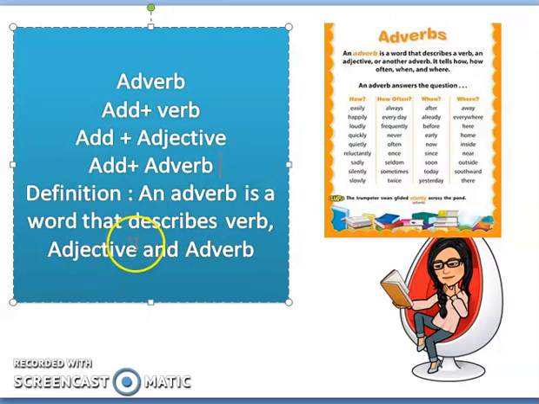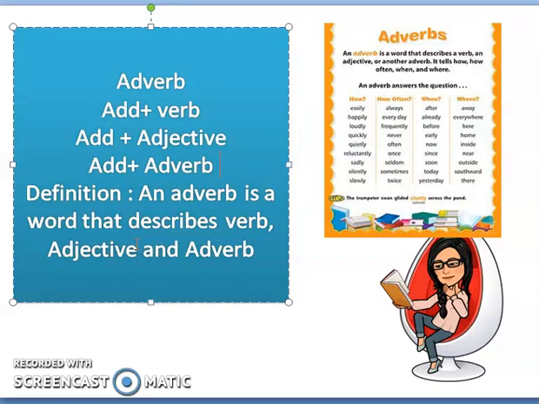Adjective. Adjective is like beautiful is adjective. We can say she is very beautiful. But she is very smart. The very is adverb here, and the smart and beautiful is adjective. Adjective, we know that describes or qualifies noun or pronoun.